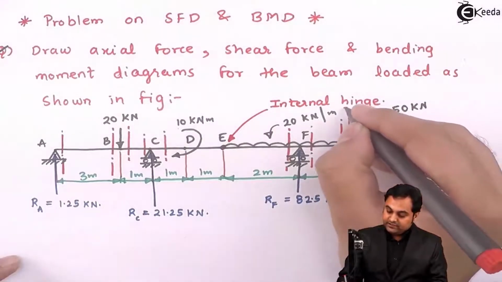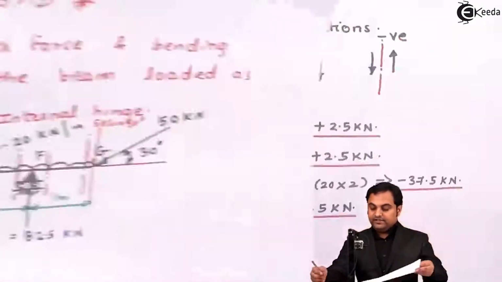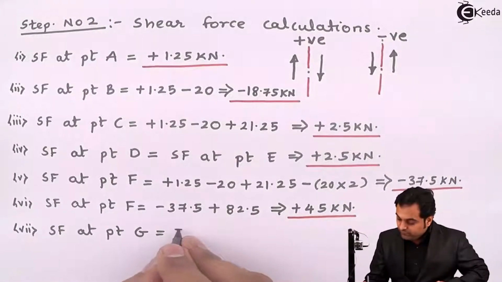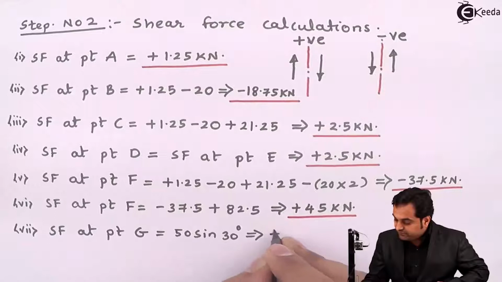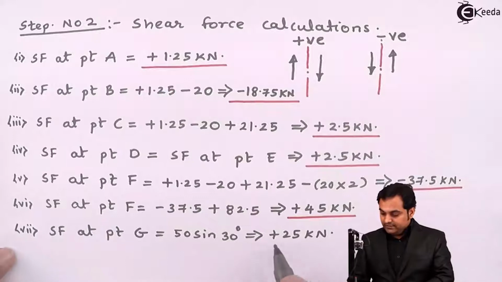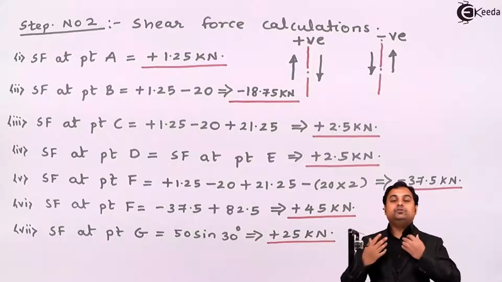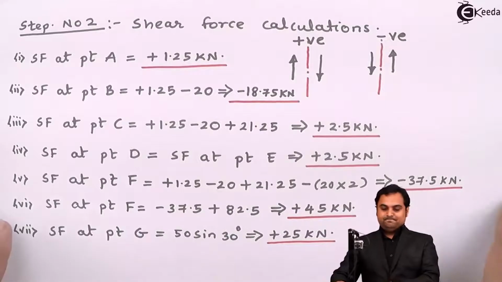That is 50 sine 30, which is on the right hand side of the section. And on the right hand side, if the force is downward, that is positive. So SF at point G is equal to 50 sine 30, and that is plus 25 kilonewton. So here I have found out the shear force values at each of the points. After getting these shear forces, we need to draw the shear force diagram, and for that I'll have to draw the beam again. So I'm drawing the beam diagram once again because we have to draw the diagram as well.